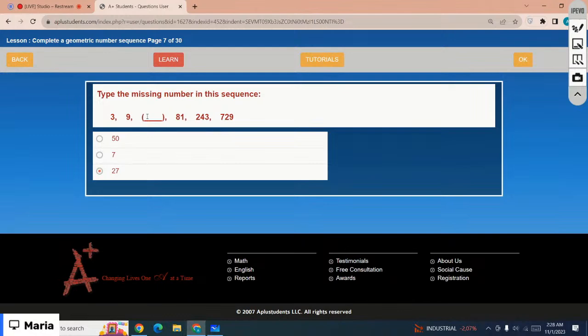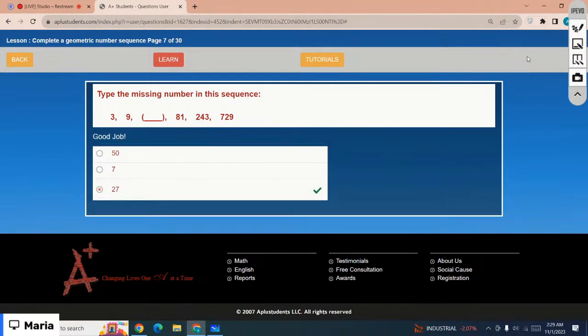They all are the multiples of 3. 3 times 3 is 9. 81 times 3 is 243. 243 times 3 is 729. So the missing one would be 9 times 3. That is 27. Got it?